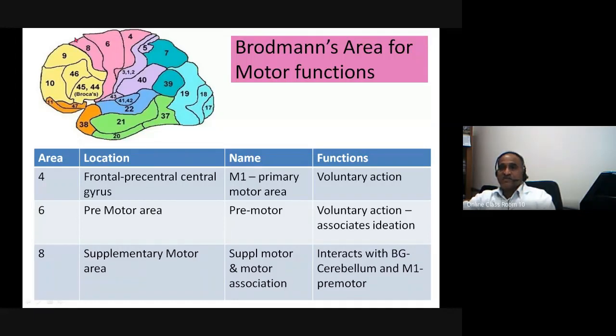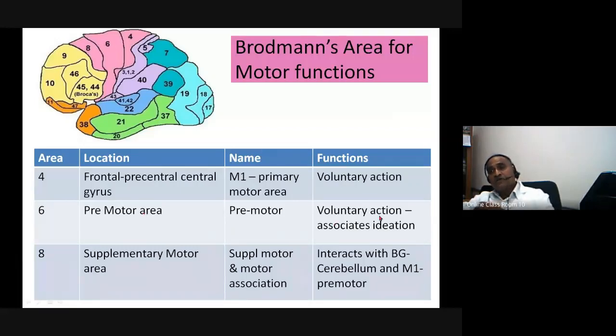M1 is area 4, the primary motor area, which is for voluntary action. It sends the corticobulbar or corticospinal tracts to produce the voluntary action. Area 6 also participates in voluntary action, but before the action occurs.